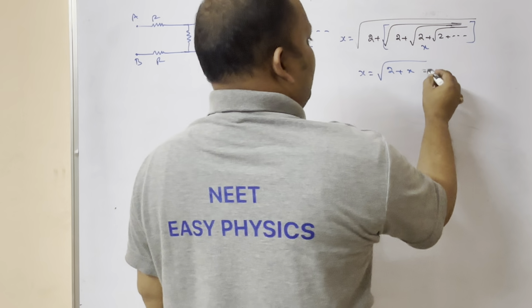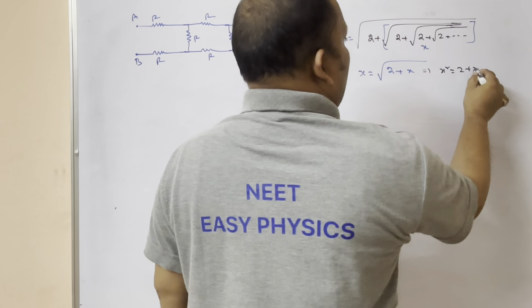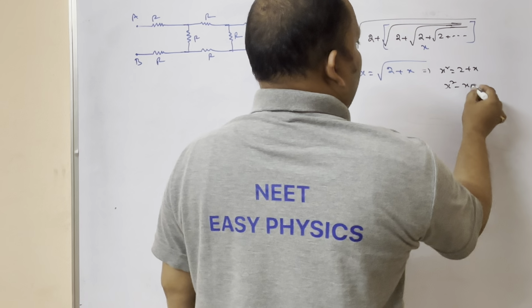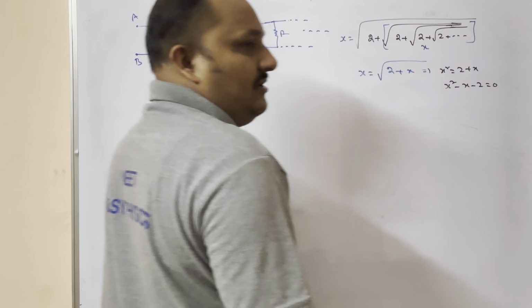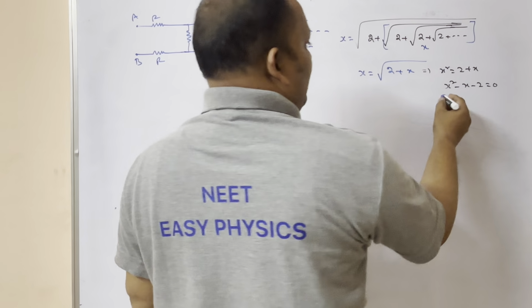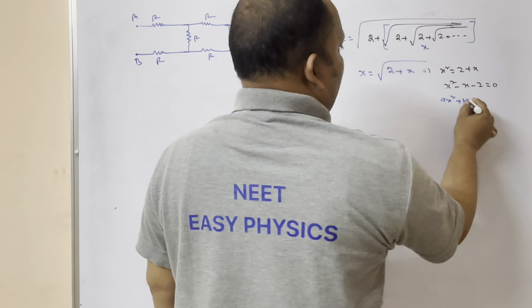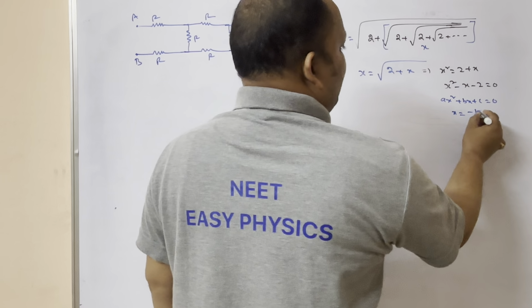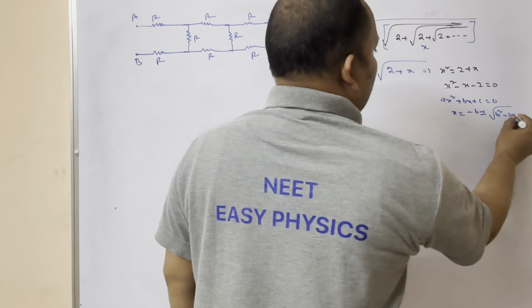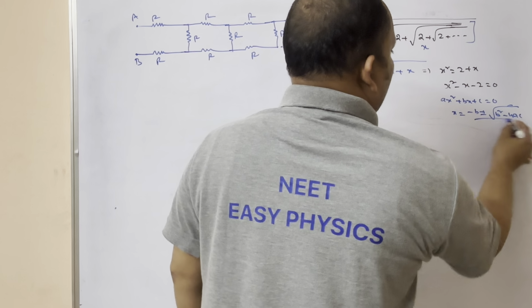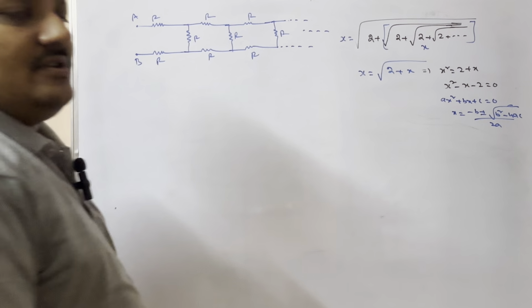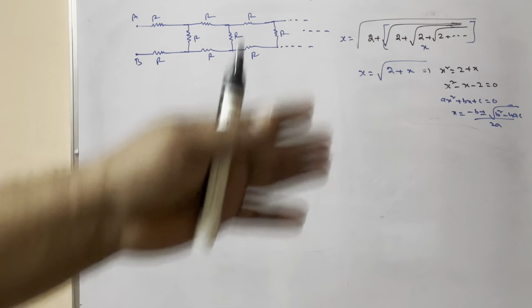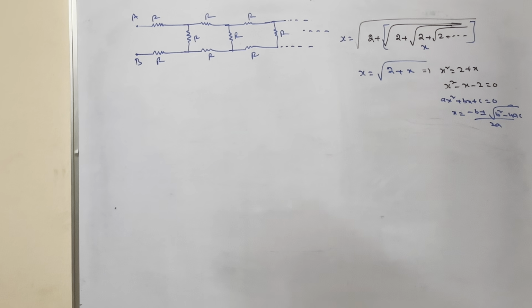From here, x square equal to 2 plus x, so x square minus x minus 2 equal to 0. This is like ax square plus bx plus c equal to 0. Then x equal to minus b plus or minus root of b square minus 4ac, by 2a. So we will solve that question.